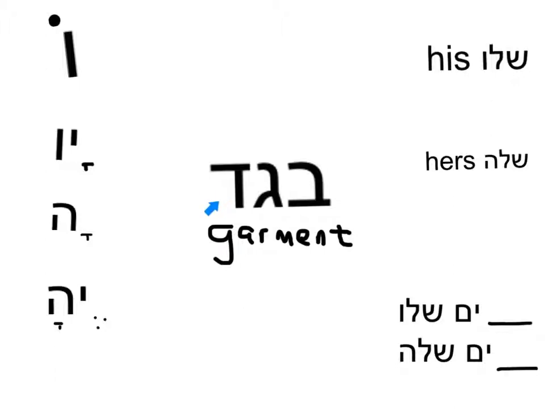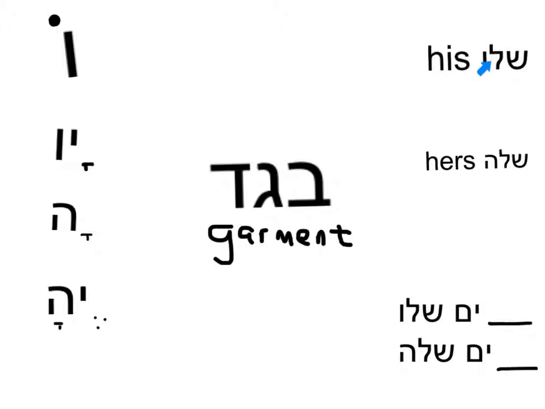So today we're going to experiment with scrambling this poor old garment into 4 different ways. We can use 4 different suffix combinations to make this garment belong to different people and also mean more than one garment.